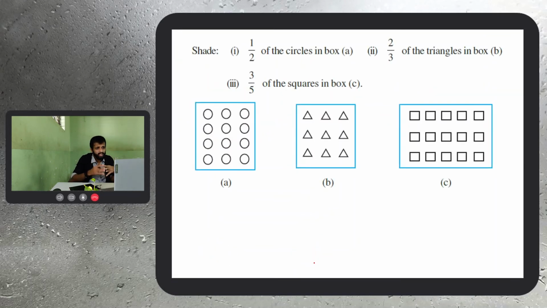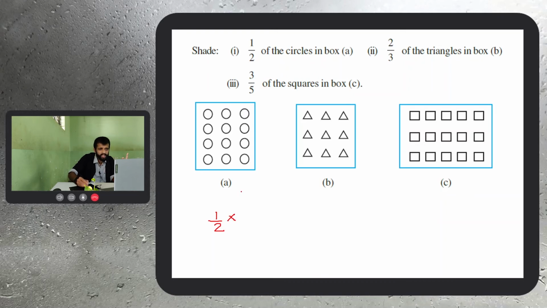Next, shade one half of the circles in the box. I told you the word of means multiplication. Now, to shade those circles, I should first know what is half of it, and all I will do is write 1 upon 2 first, and multiply because it's of.